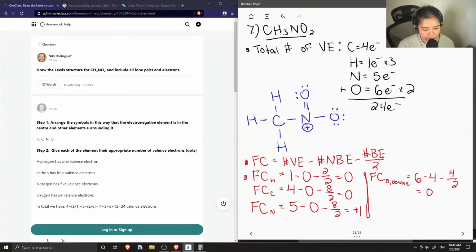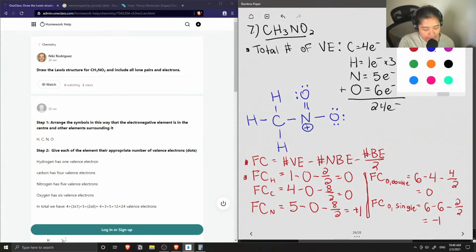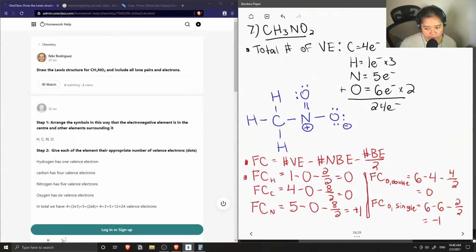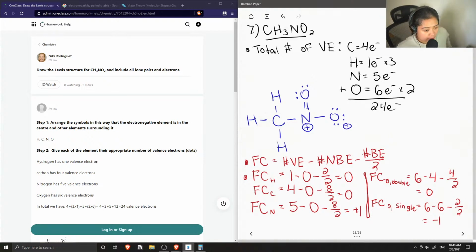So we'd have a formal charge of 0. And lastly, we have our single bonded oxygen. There are 6 valence electrons, 6 non-bonding electrons, and just a single bond, so we have 2 bonding electrons divided by 2. So our oxygen will carry the negative charge, which is preferred since oxygen is the most electronegative atom in this structure.